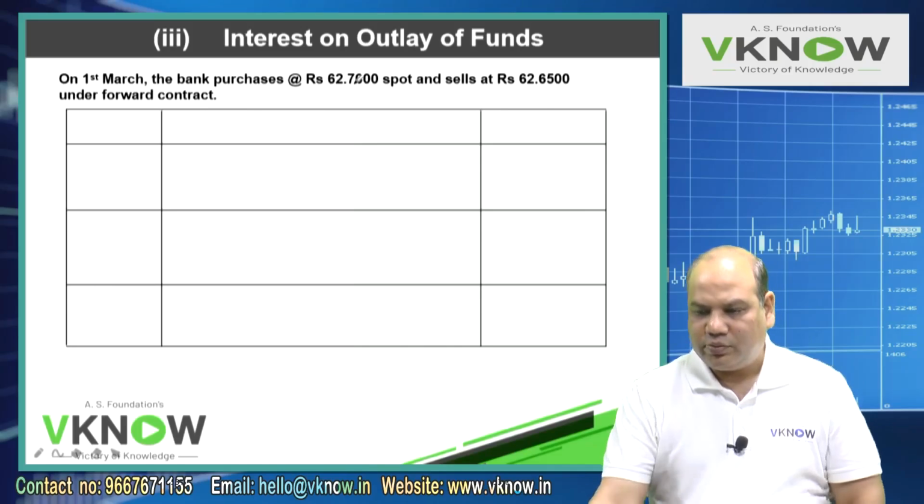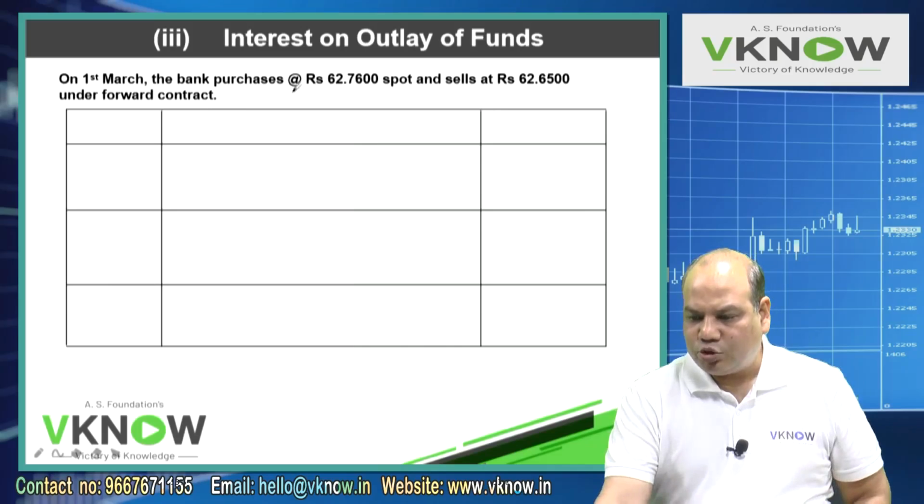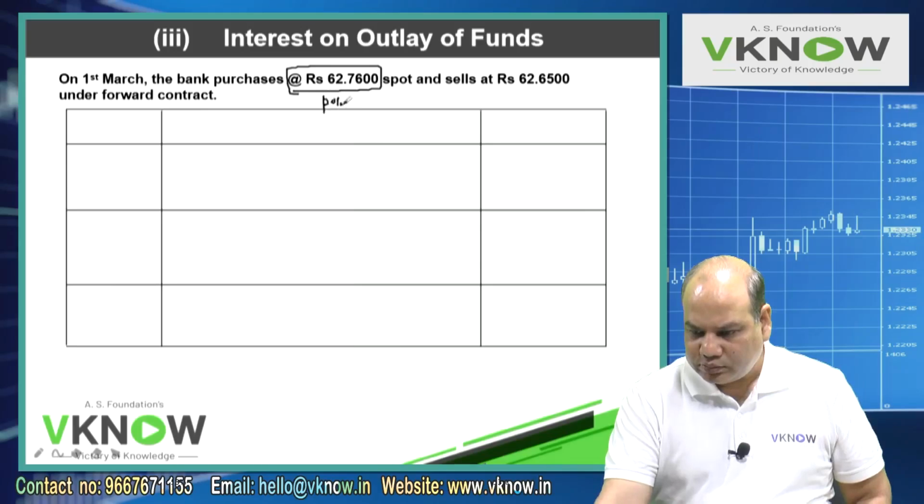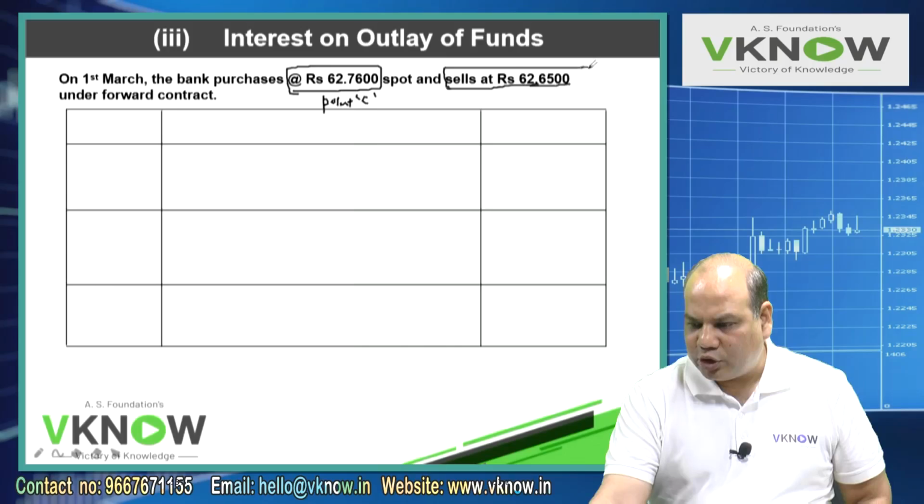The bank purchases at rupees 62.7600. This you will see in point number C. And sales under forward contract, because it has an obligation to deliver $10,000 under the forward contract.